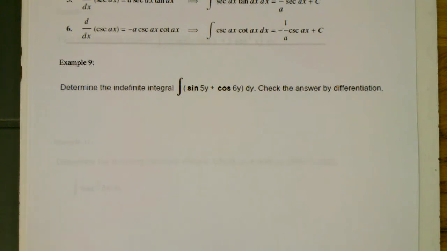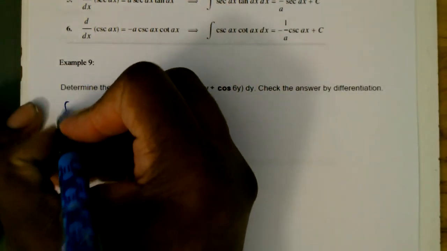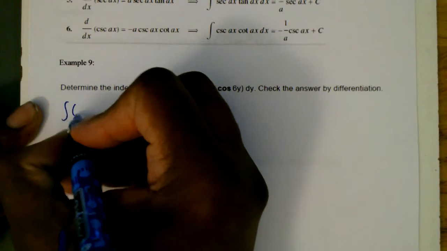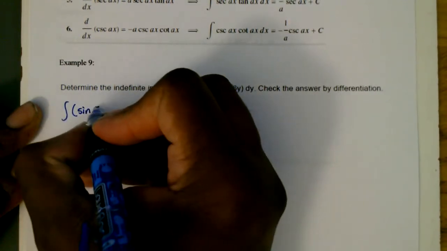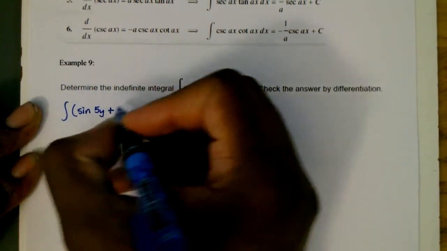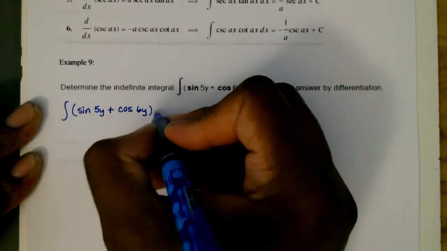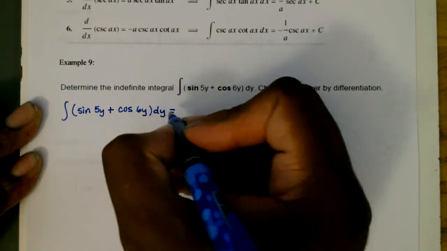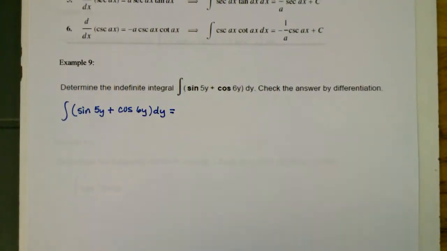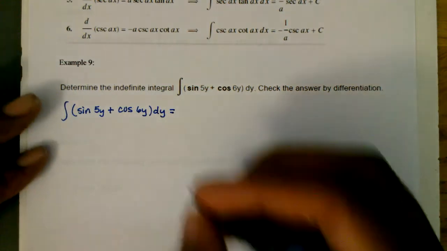So in this case, I'll write this as the integral of sine of 5y plus the cosine of 6y dy. Then that's going to be equal to, let's use that sum rule for integration.